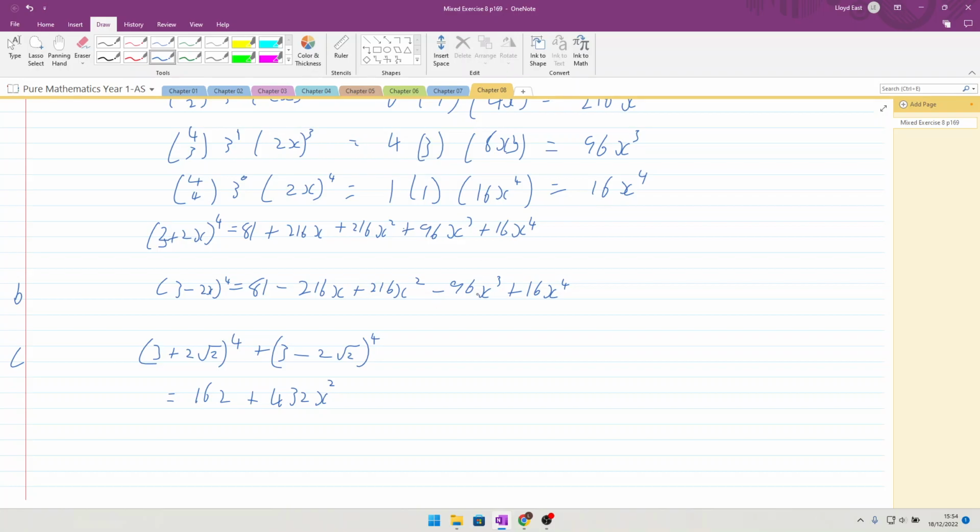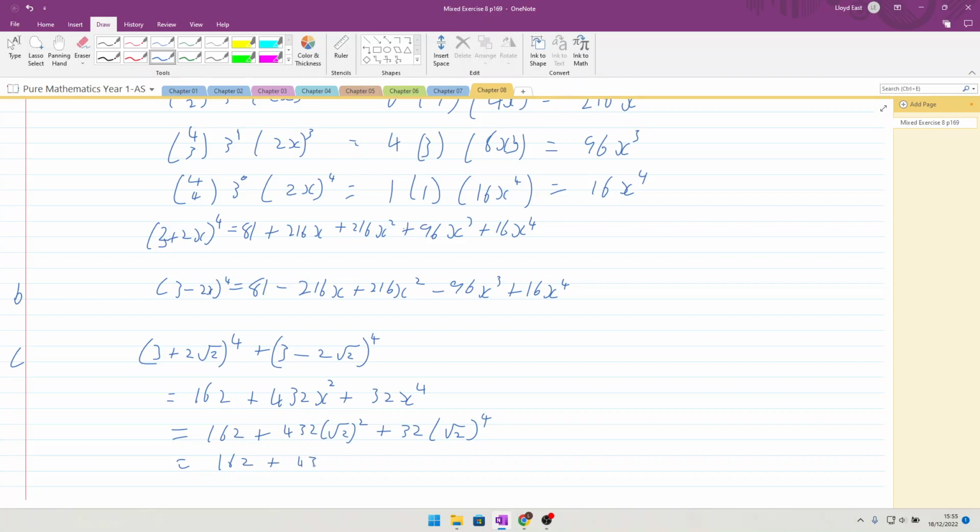The x cubes cancel, and then we have 32x to the power 4, and we need to use root 2 as the x term here. So 162 plus 432 root 2 squared plus 32 root 2 to the power 4.